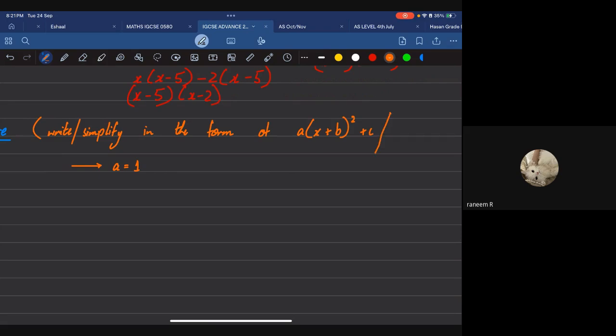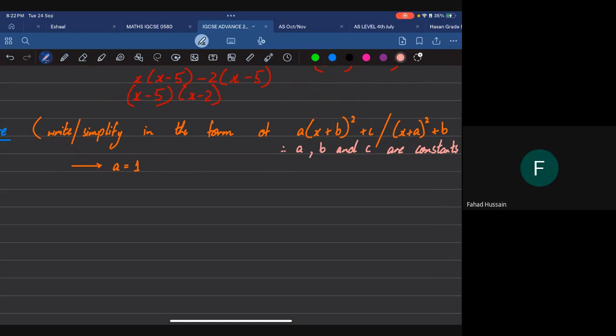Or in some cases, he says to just write it in the form (x plus a) whole squared plus b, where a, b, and c are constants. Clear, people? Is this clear, everyone? Yes, sir. All right.